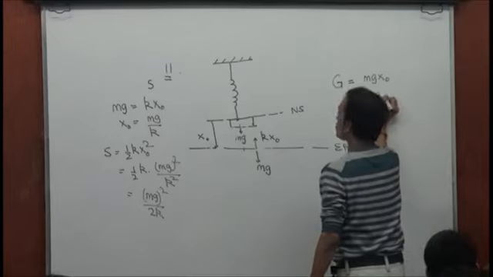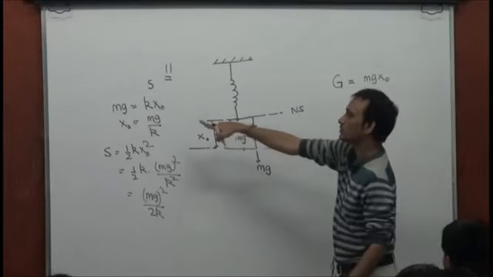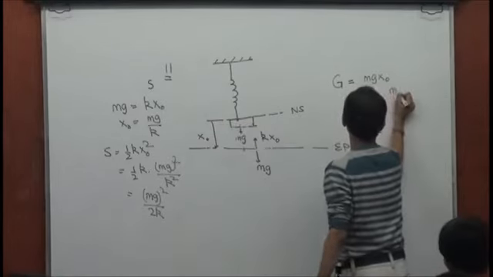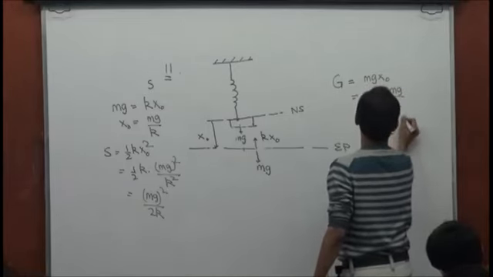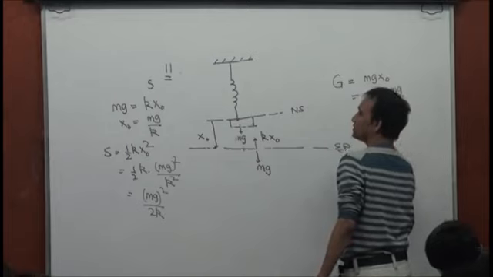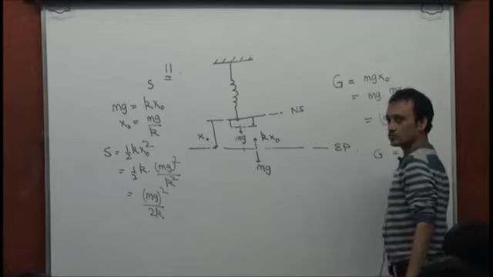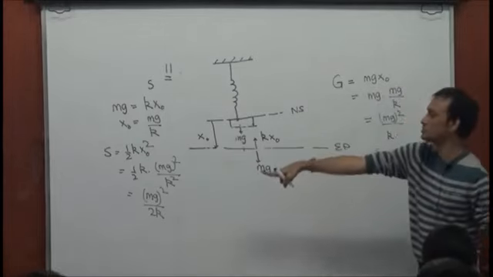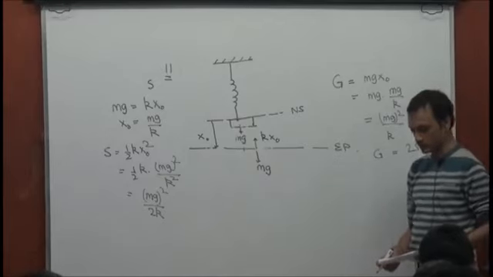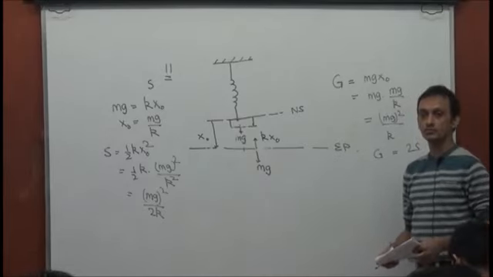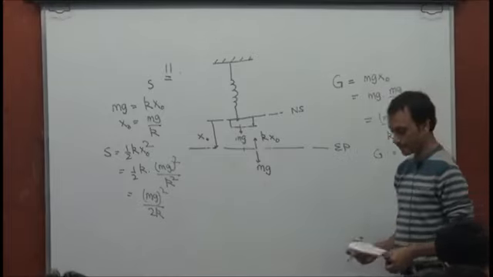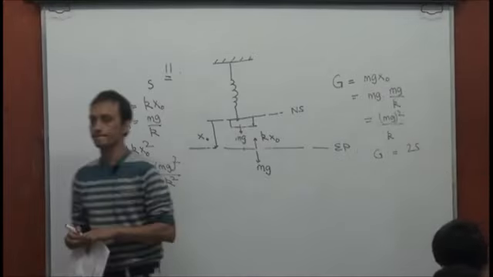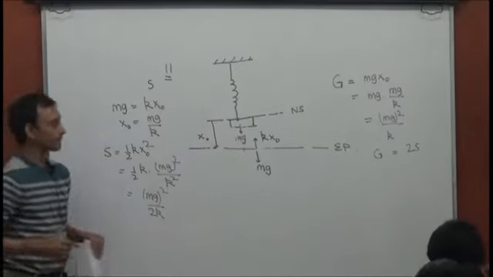So mg x naught is what? Mg whole squared by k. So evidently G is 2 times S. That's option C. G is 2 times S. Option C. Clear?